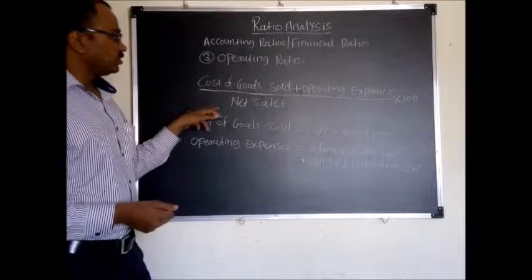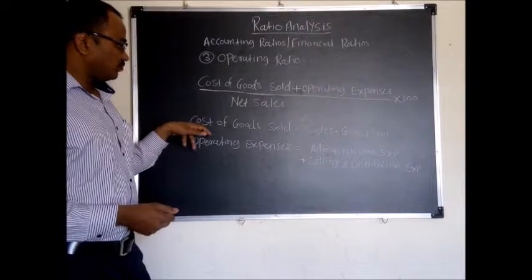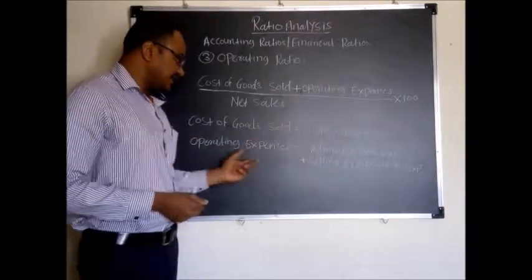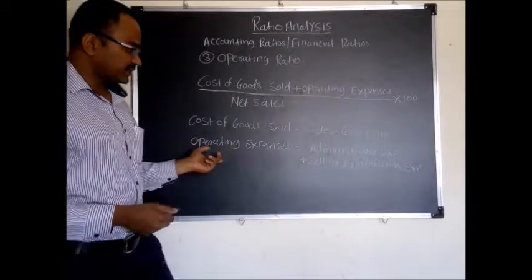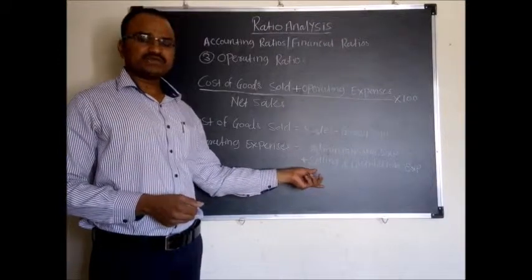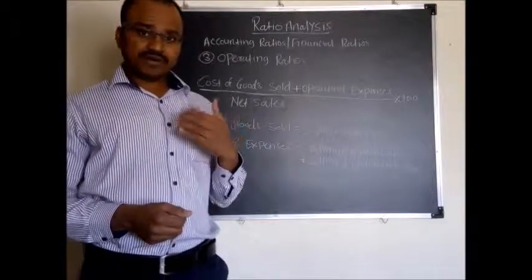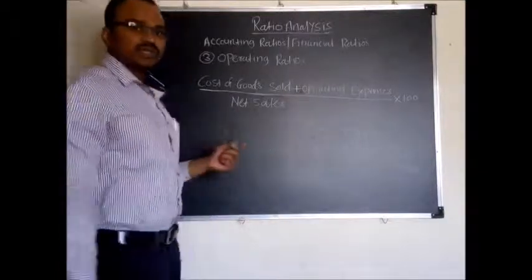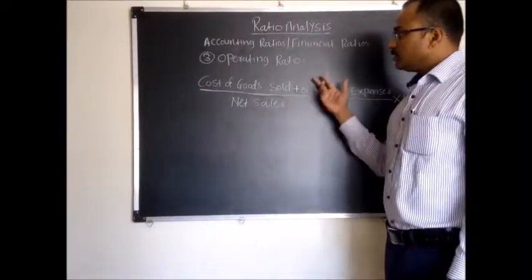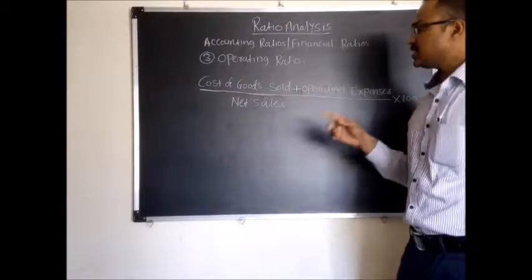So this is the formula to calculate the operating ratio. You can calculate the cost of goods sold by subtracting gross profit from sales, and the operating expenses by adding administrative expenses, selling and distribution expenses, and all those direct expenses related to the day-to-day activities of the business. Operating ratio shows the total operating cost of the business as compared to the sales.